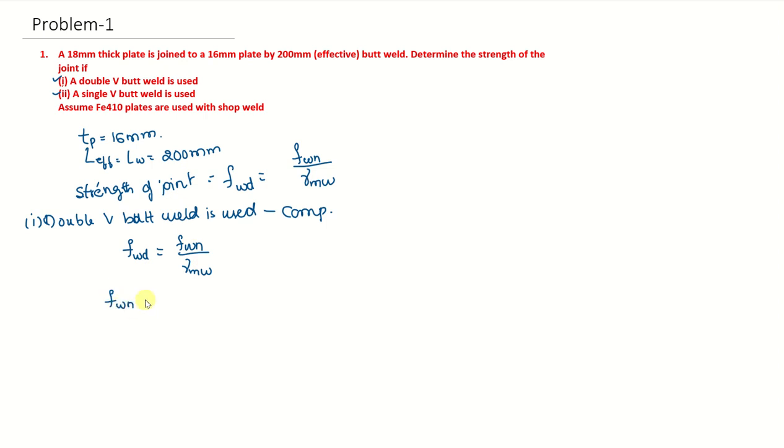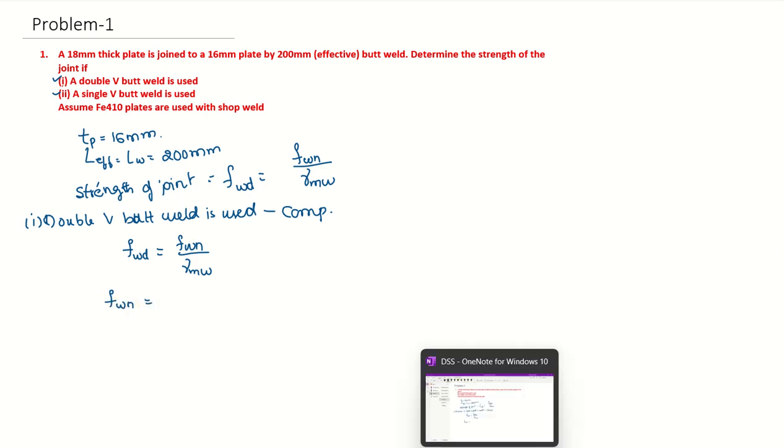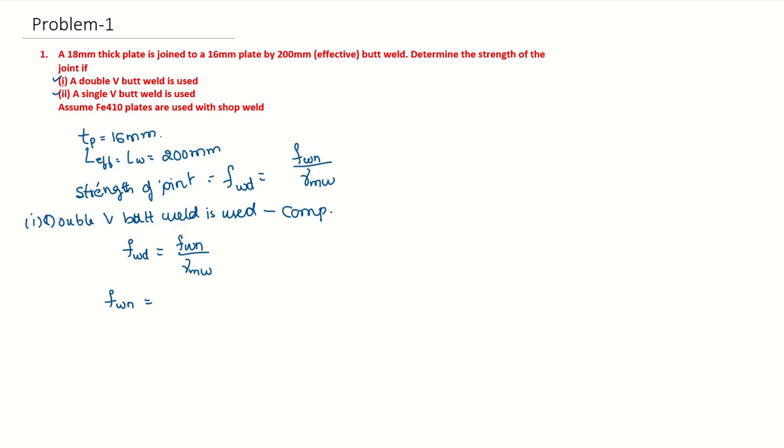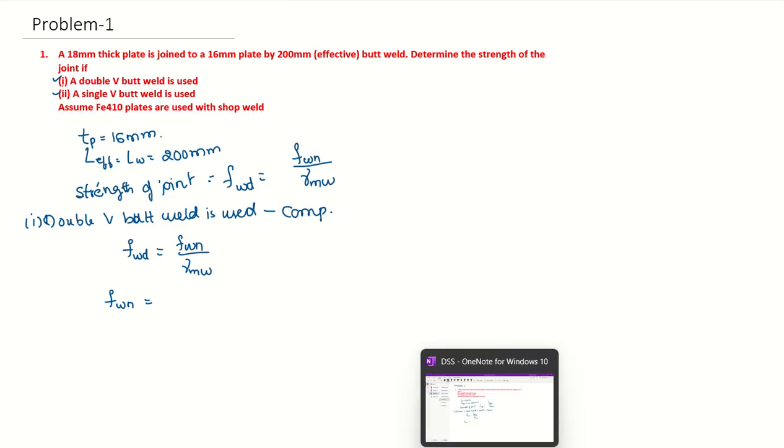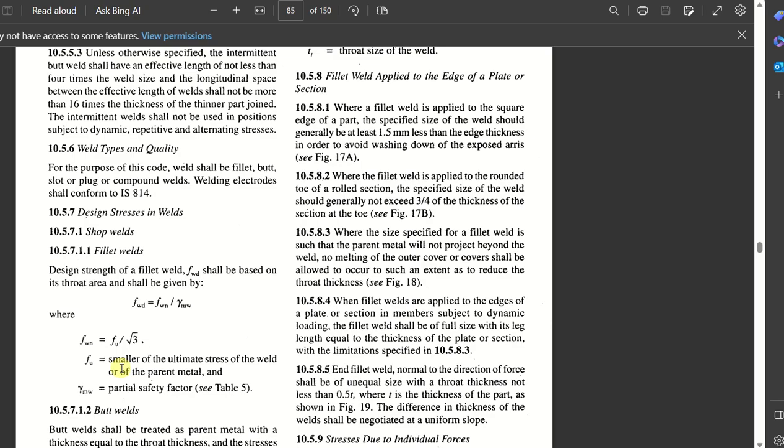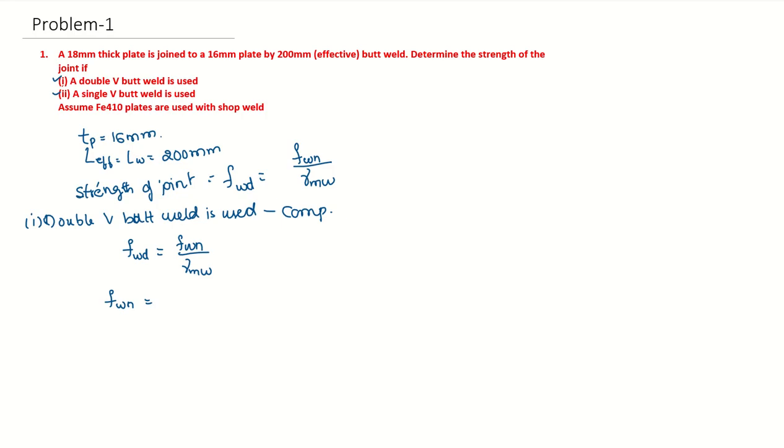FWN depends on the effective area. The design strength of the fillet weld shall be based on its throat area, and it shall be given by this factor multiplied with the area: Fu by root 3 multiplied by the throat area. Let me write it.